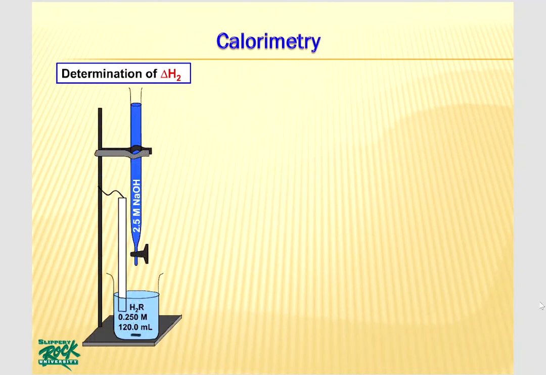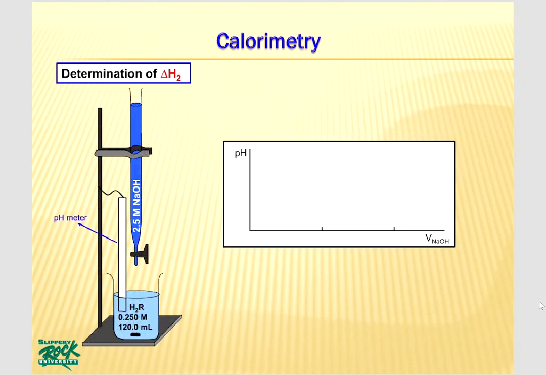A 120 milliliters of 0.250 molar malonic acid solution will be titrated with 2.5 molar NaOH solution. A pH indicator will not be used for the titration. Instead, a pH meter will be used to record the solution pH step by step as you add the NaOH solution drop by drop.